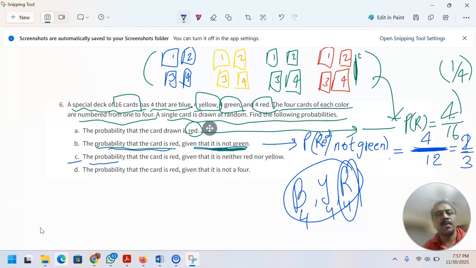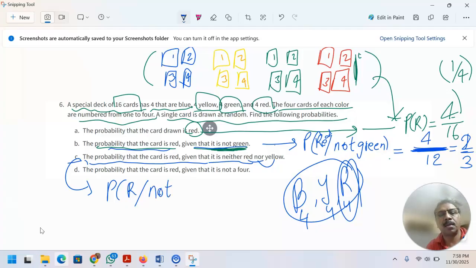The third question is, find the probability that the card is red and it is neither red nor yellow. So let's put it like this: probability that the card is red, given that it is not red and not yellow. So how many cards are not red and not yellow?